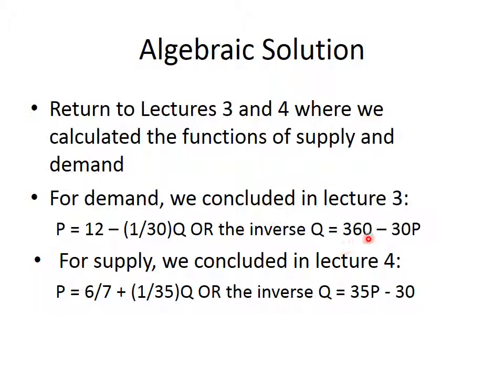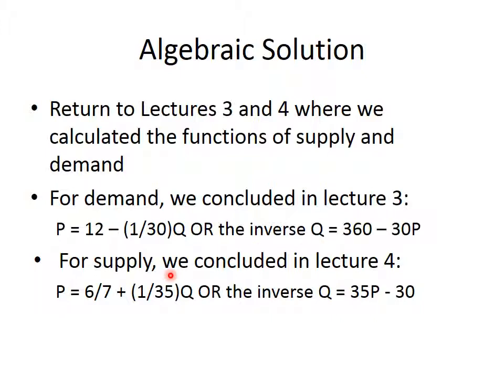As long as we use the same type of expression, we'll call this a demand function. We'll call this the inverse of the demand function. Doesn't matter which one we use. We're going to get to the same place. And it's going to be largely a strategic approach, whichever we find simpler. So there's a lot of strategy that you're going to want to employ in solving this problem.